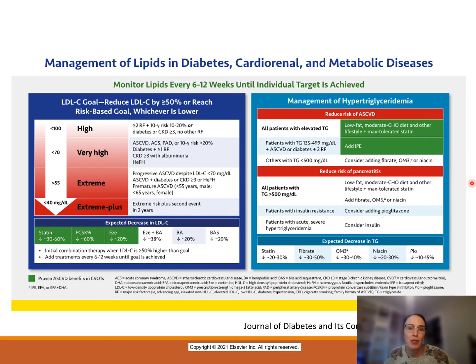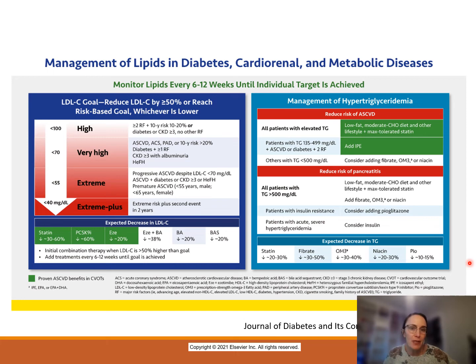If it's above 500, I was always taught that the risk of pancreatitis is pretty high, and so you really want to reduce that risk by implementing a low-fat diet, moderate carbohydrate, and then the max tolerated statin. You can look at this chart and see how to incorporate triglyceride medication.